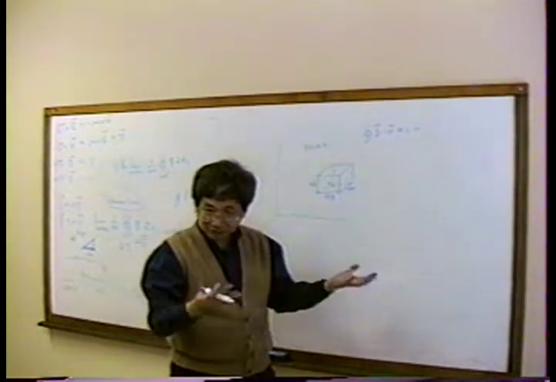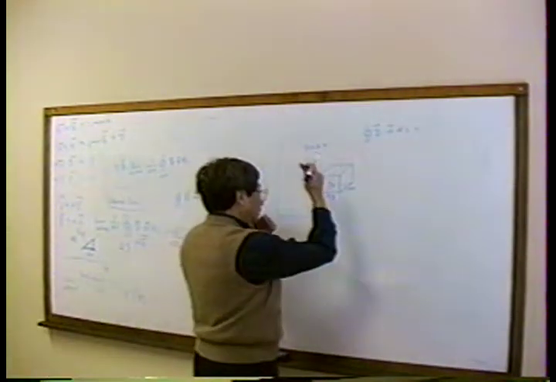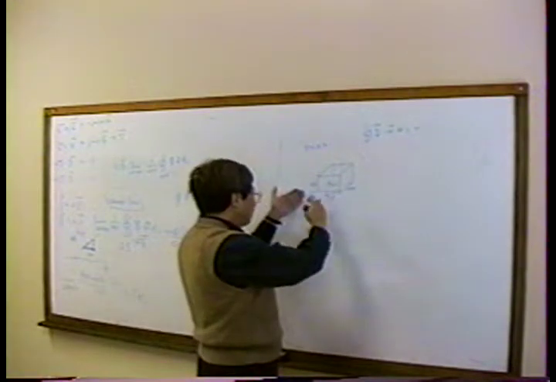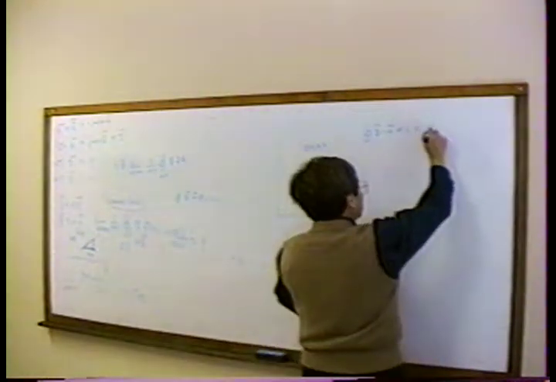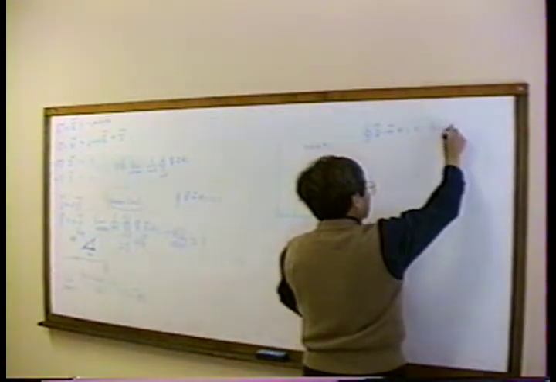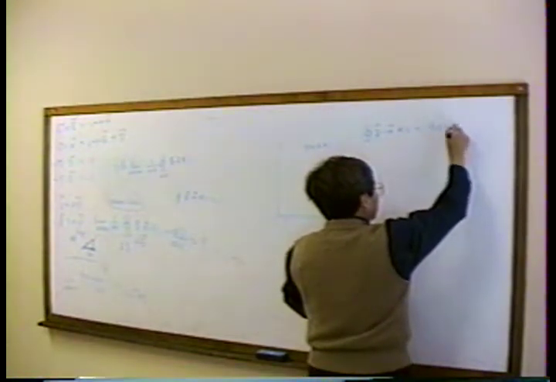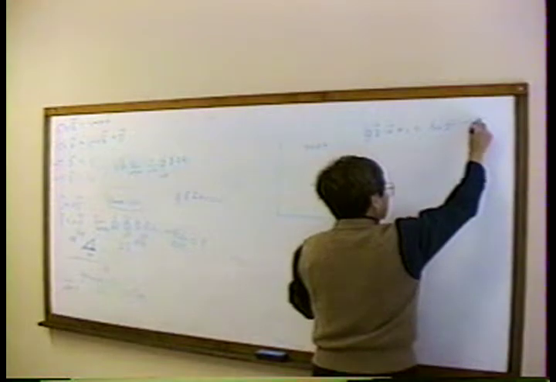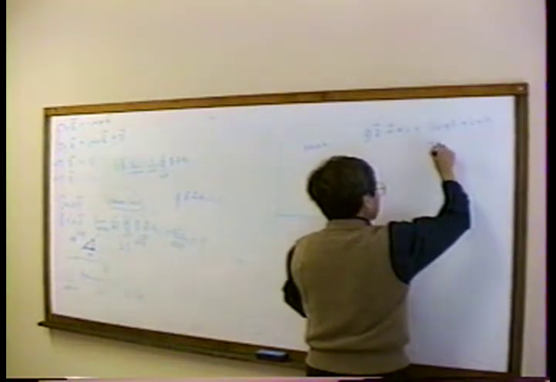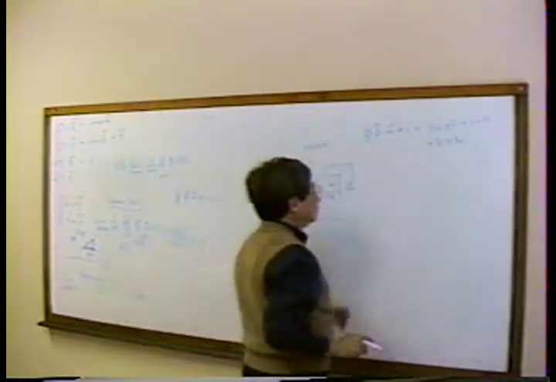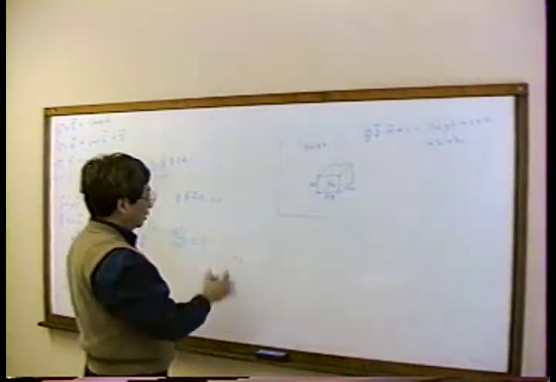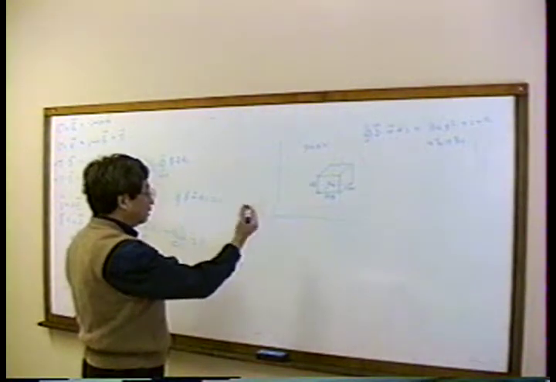The total surface has 6 sides: the back, the front, the left, the right, the top, and the bottom. So it's back, front, plus left, plus right, plus top, plus bottom. Let's do the back and the front first.